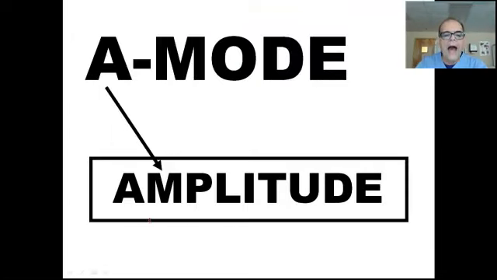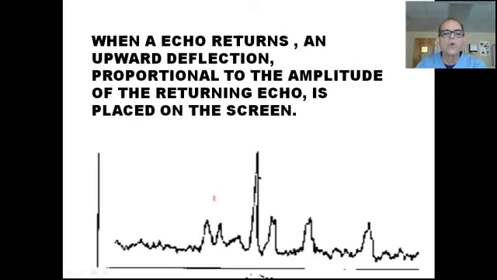A mode, amplitude mode, is not as important as B mode, not as important as M mode, and is in use only in ophthalmology. When an echo returns, one upward deflection proportional to the amplitude of the returning echo is placed on the screen.